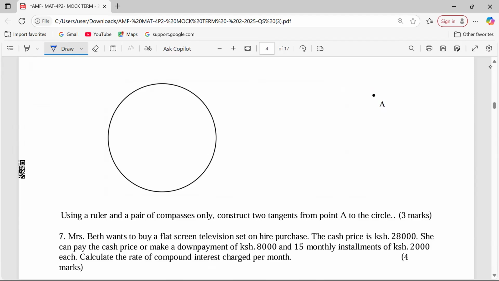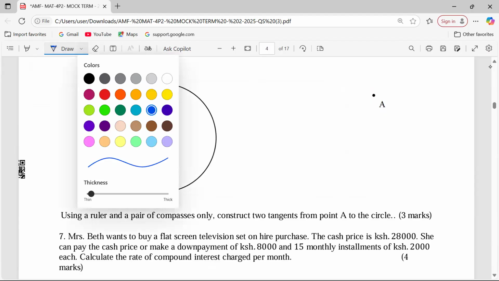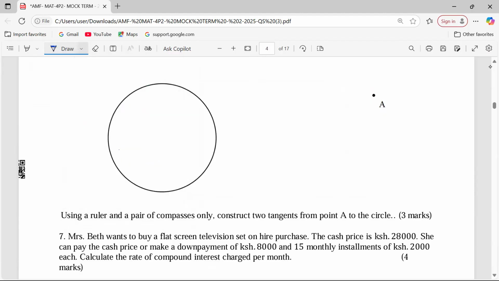We just take any 2 chords to the circle. Like this, we call it a chord, and we can name it chord PQ. Then we bisect the chord perpendicularly.